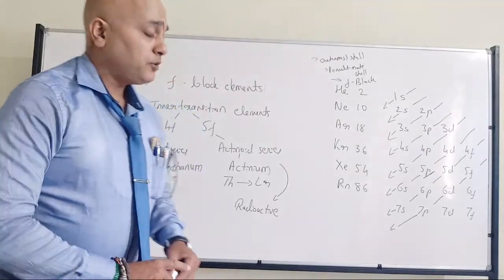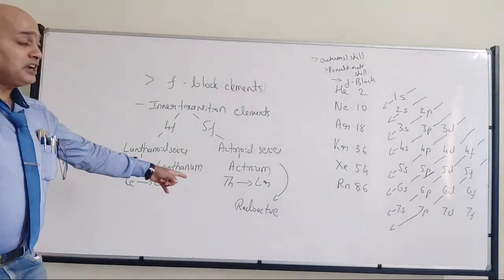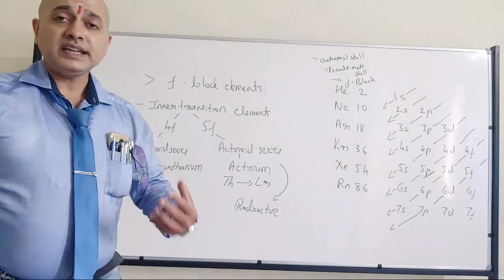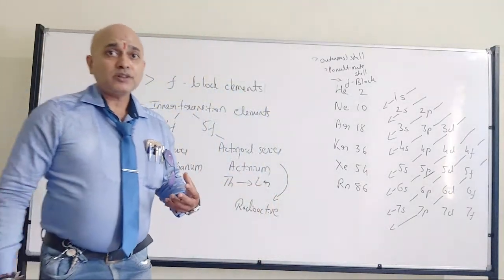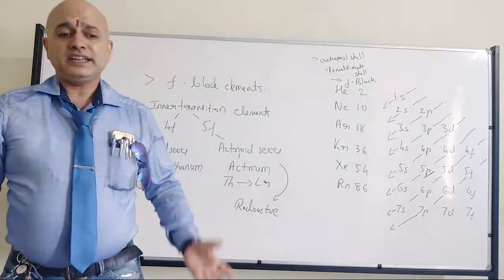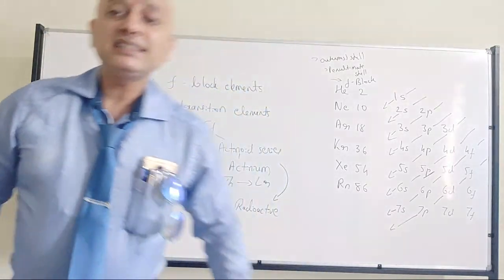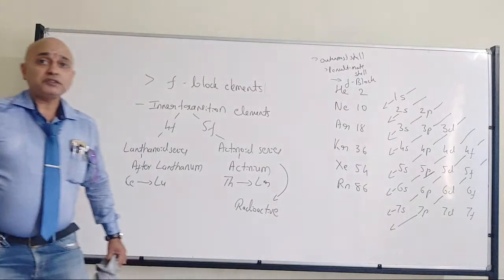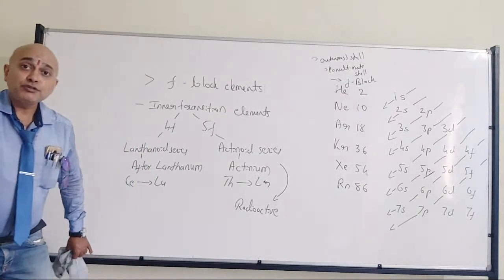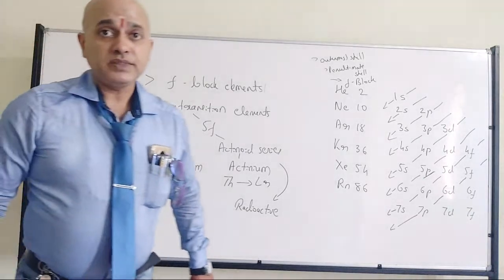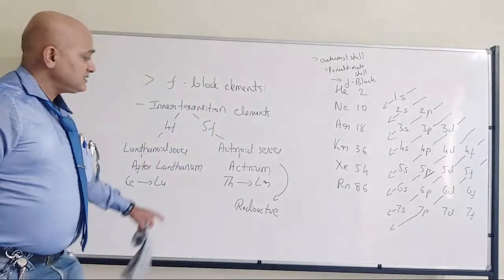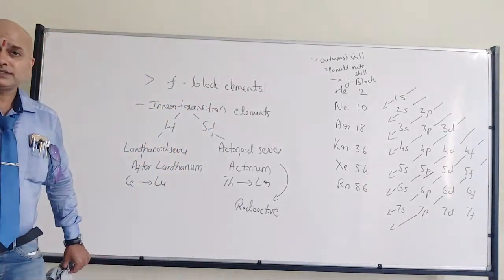Fine. So what do you mean by radioactivity? Radioactivity means these are the elements which attain stability in their nucleus by emitting radiation. They try to attain stability with respect to their nucleus, and during that time they emit radiation. So those elements are called radioactive elements.